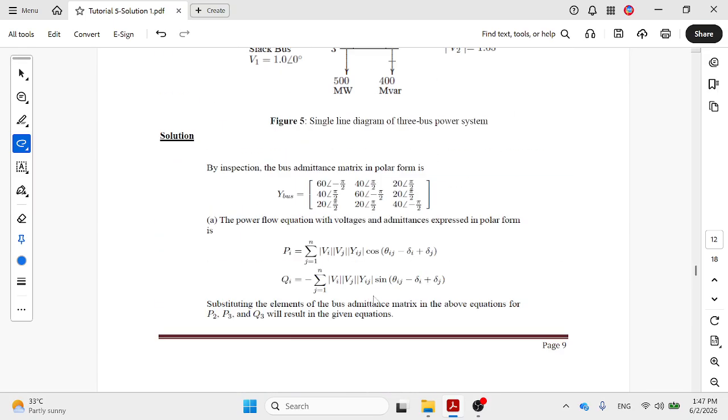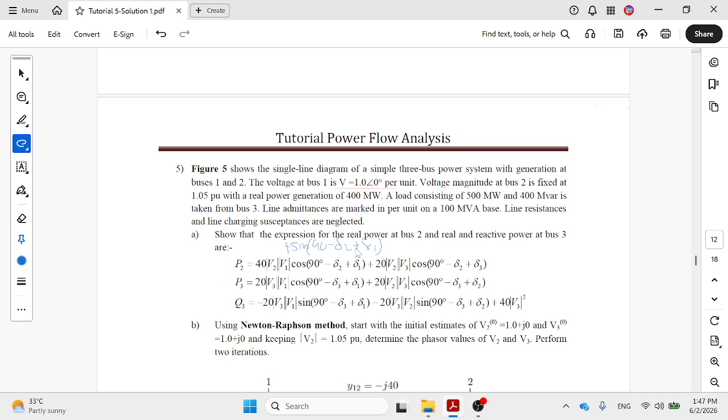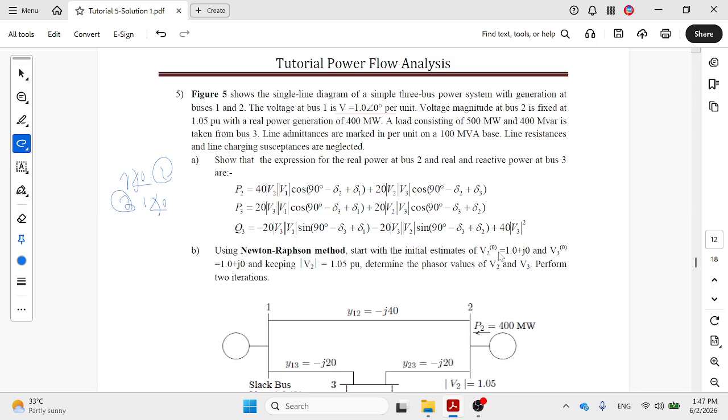You can go back here and see, okay, for bus 1 it is 1 with the angle of 0. And for bus 2, again, it is 1 with the angle of 0, correct? In the first iteration, V2 also is here. V3 also is 1 with the angle of 0.